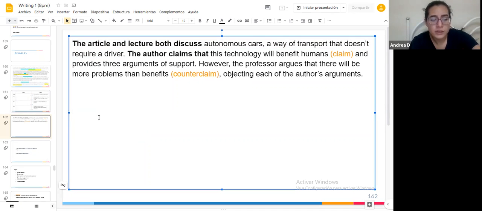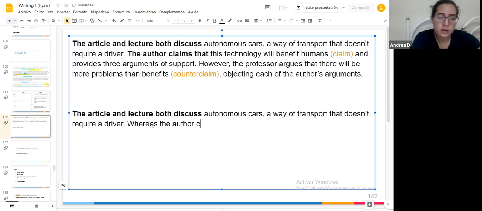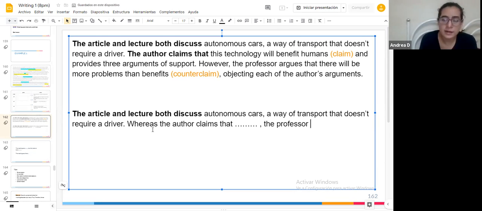Now, another way of doing it, I wanted to say this before we go. You can also use this structure of whereas. So the article and lecture both discuss autonomous cars, a way of transport that doesn't require driving. Now, whereas the author claims that this technology will benefit humans, providing three arguments of support, the professor objects to each argument and believes that they won't have such benefits or that there will be more problems.